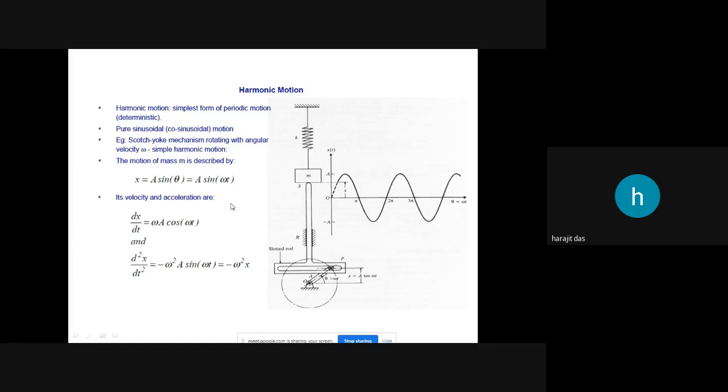So in the last class, we took the example of this spring mass system. When the spring mass system oscillates with respect to this equilibrium line or mean line, we will get this type of sinusoidal curve. But how do these curves generally form? Today I will show you.